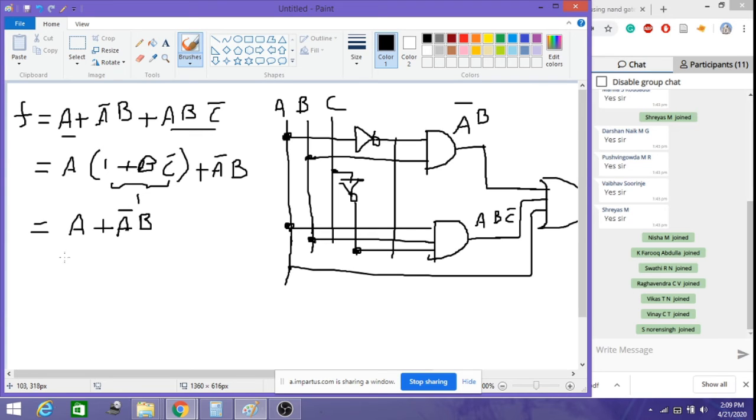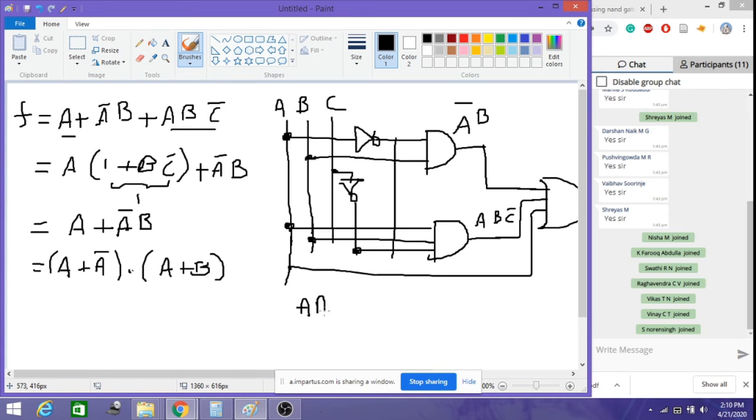Let us rewrite this and see. So let us write this as A plus A bar into A plus B. Basically I should get the same thing here. First let us check whether it is right or not.